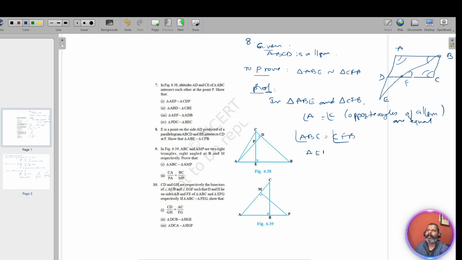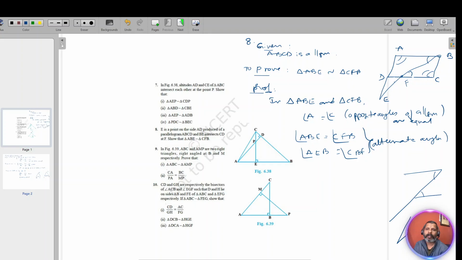See AEB and FBC. Alternate. Just you have to observe the angle. See, this is alternate to this because these are parallel.